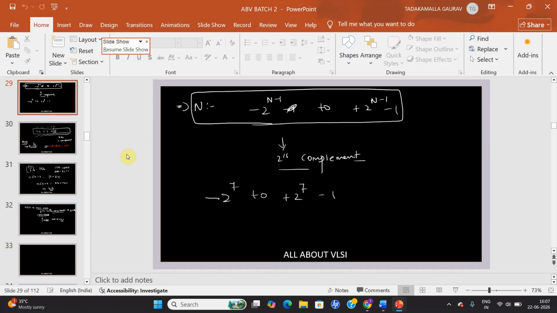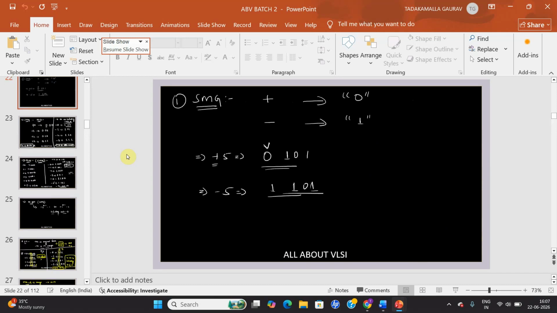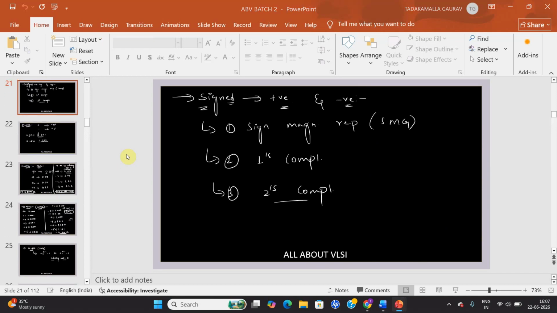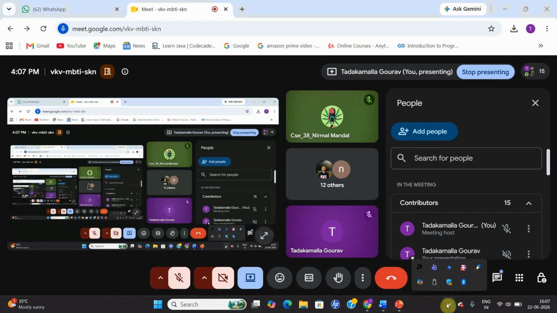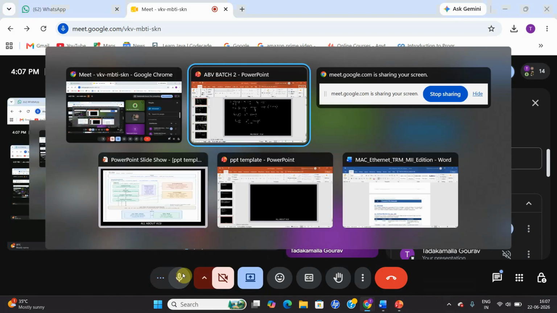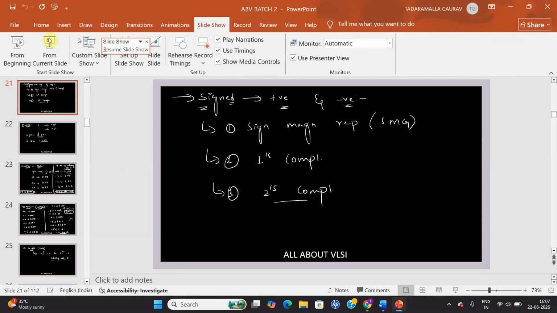So this is what we have started about, and also we have seen different kinds of number representations. And we have seen different kinds of number systems.